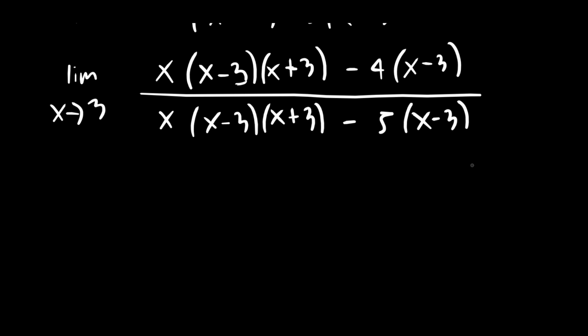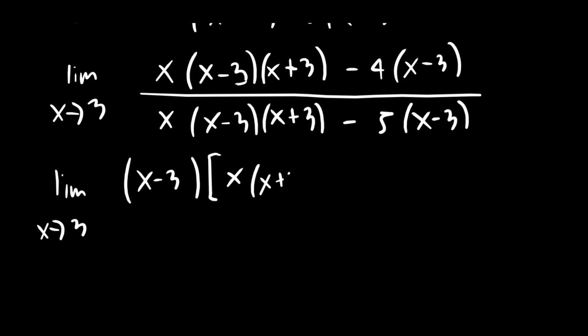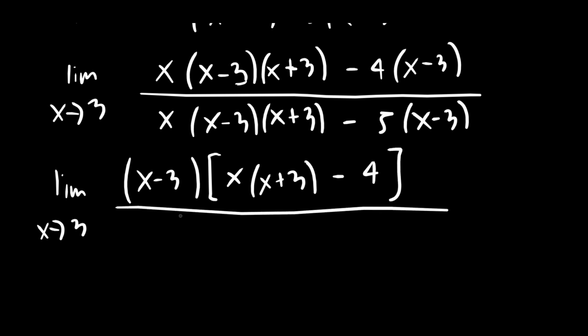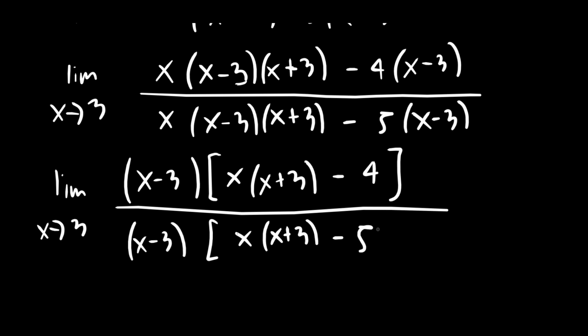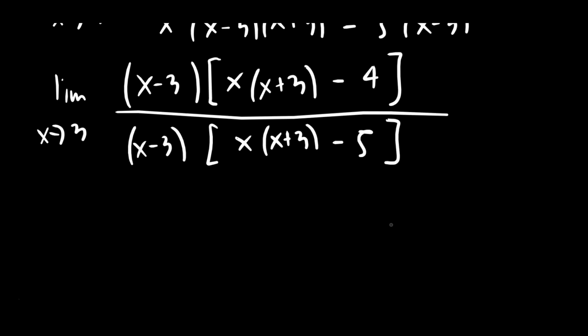We put x minus 3 outside: x minus 3 times x multiplied by x plus 3 minus 4, all over x minus 3 times x multiplied by x plus 3 minus 5. Then we cancel x minus 3.